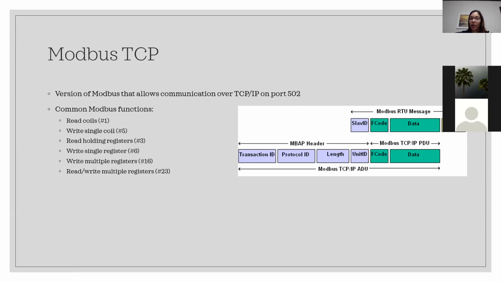Authentication is very rare for ICS protocols because, first and foremost, ICS is concerned about availability. They want their systems to be up and running for as much time as humanly possible. They don't want those systems going down.